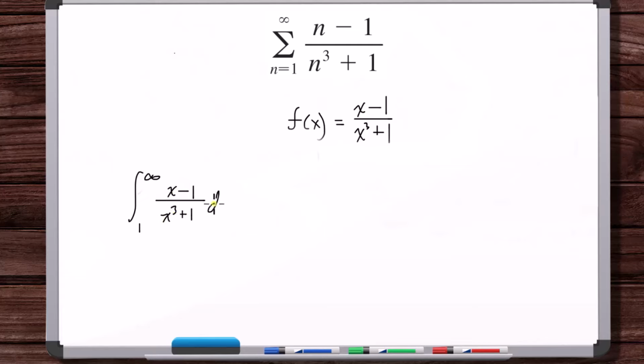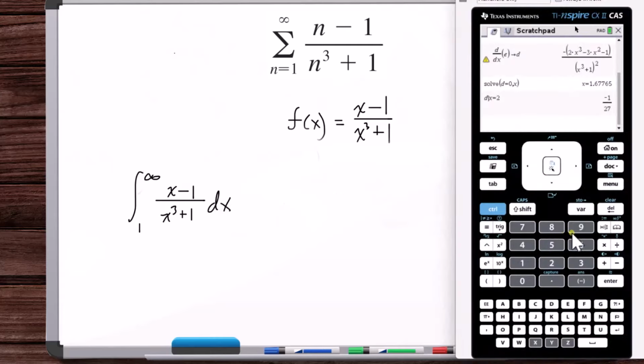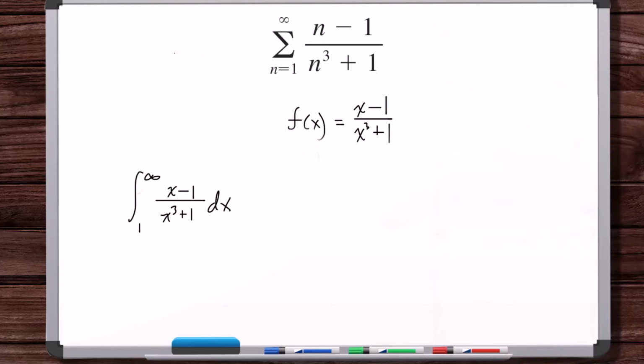Now, is this integral convergent or divergent? The integral from 1 to infinity is convergent to one third natural log of 2. But I didn't even have to write this because remember, this doesn't matter. So this is convergent.